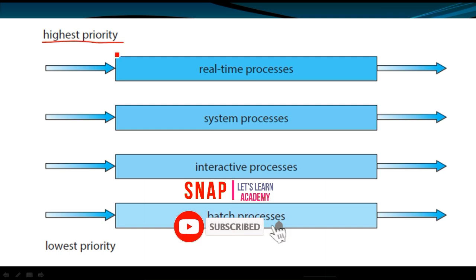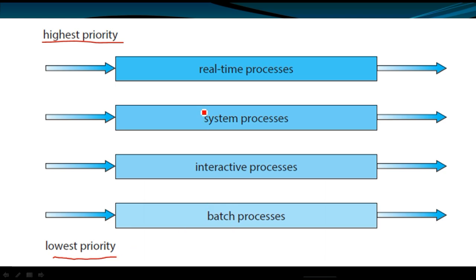In this diagram we have the highest priority processes and the lowest priority processes. As we said, the highest priority processes are the interactive or foreground processes.